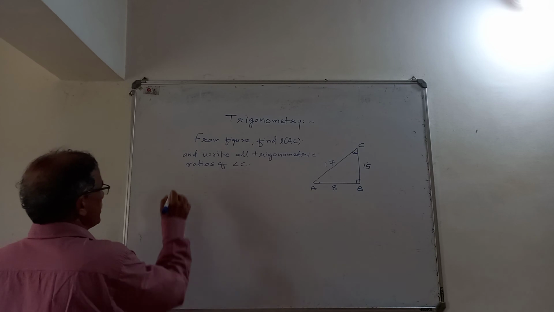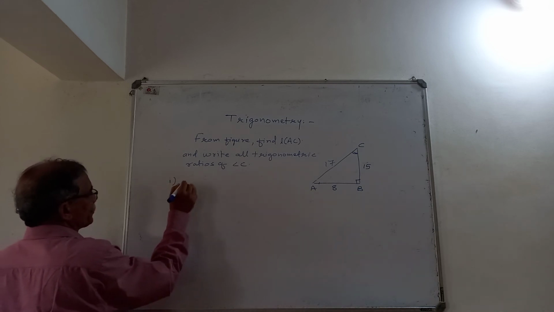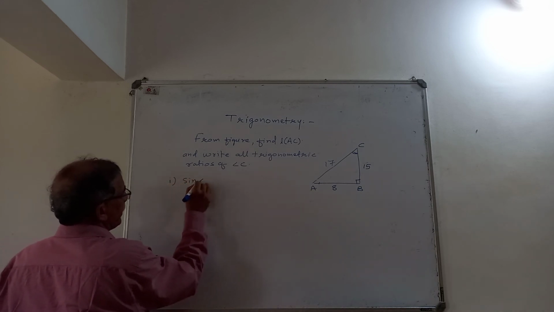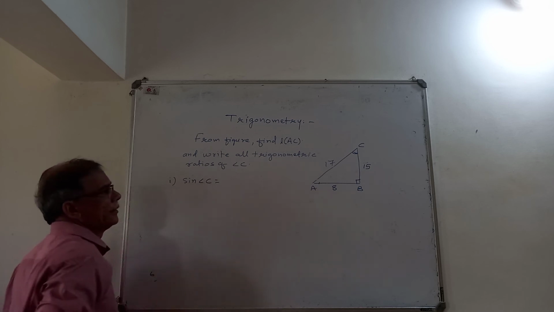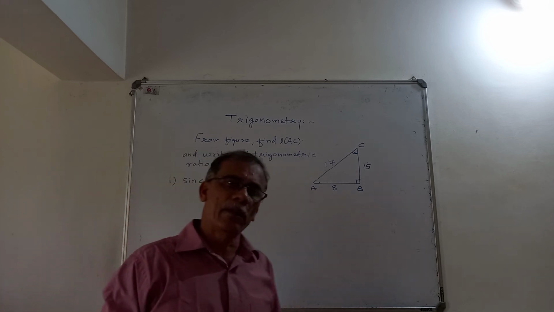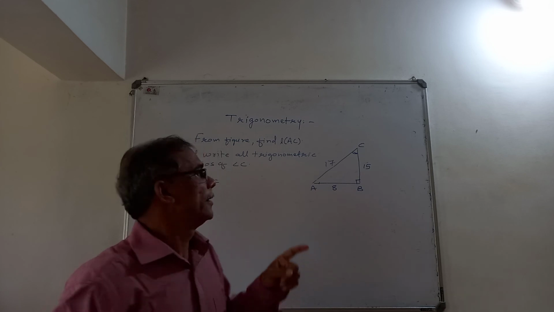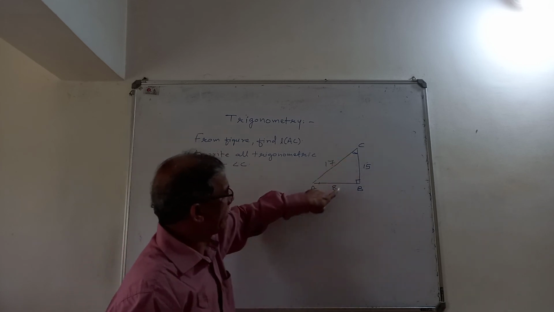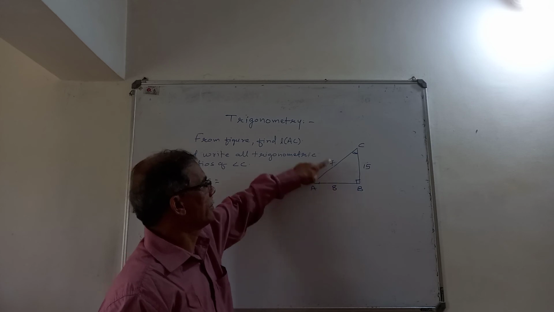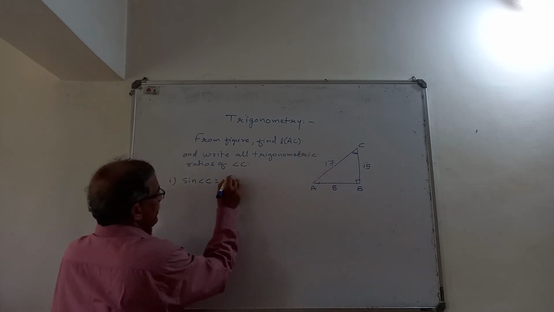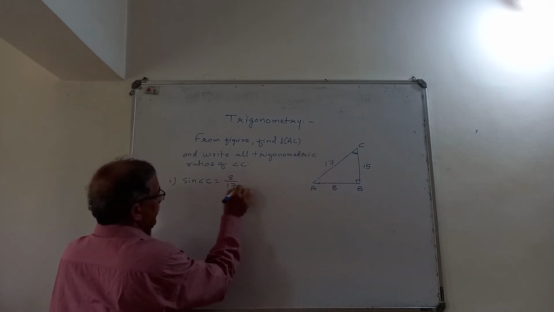Now see, the first ratio I shall write is sin of angle C. Sin, the ratio of angle C. Which side upon which side? It is opposite upon hypotenuse. So for angle C, which is opposite? AB upon hypotenuse 17. So it is 8 upon 17.